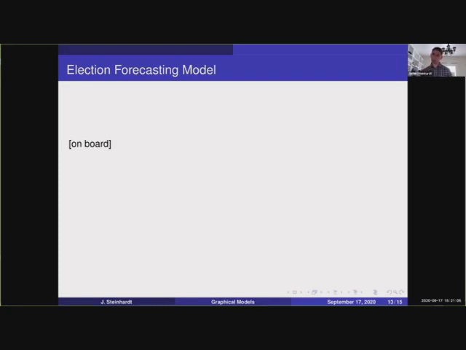Then you can plot how your model predicts those variables will behave versus how they actually behave, and look for systematic discrepancies between what the model predicts and what reality is. These predictive model checks are a way of uncovering places where your assumptions might be wrong.